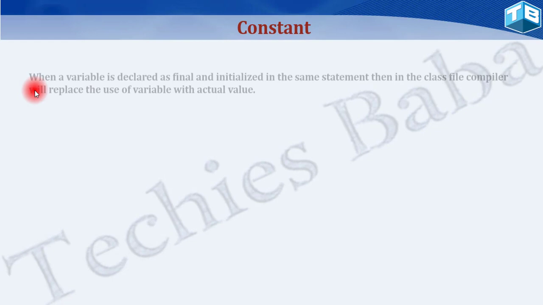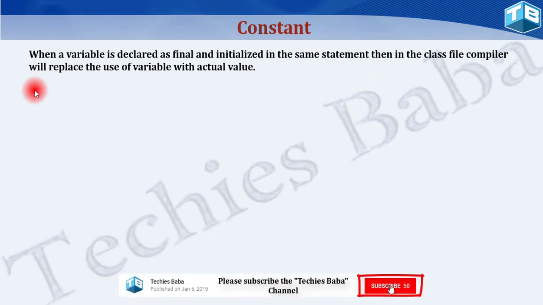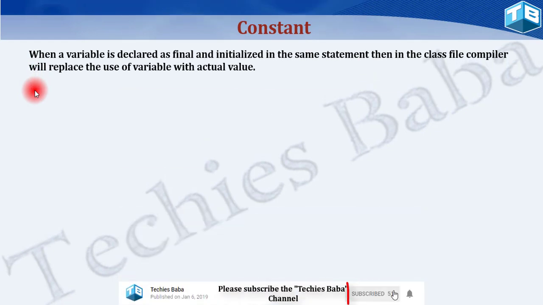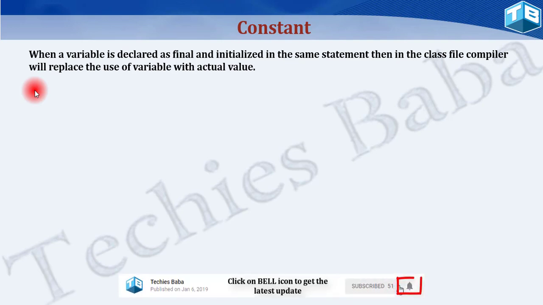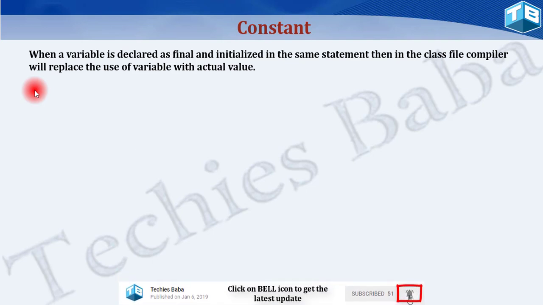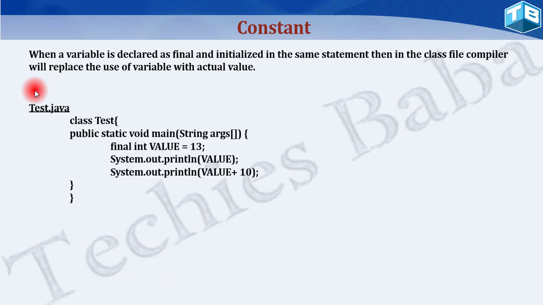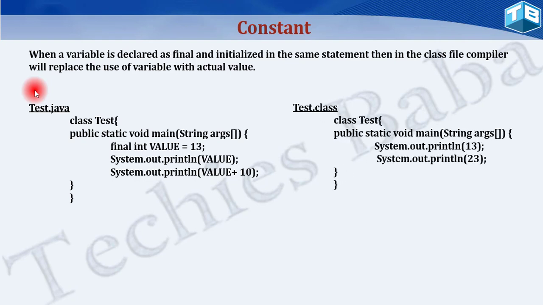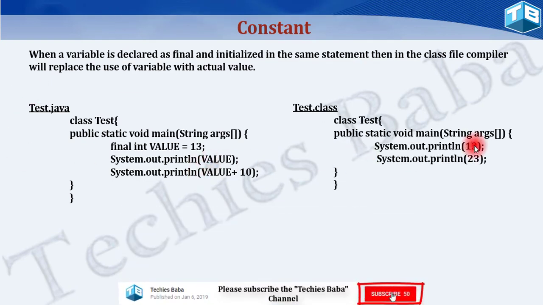We also discussed that if you have a variable declared as final and initialized in the same statement, then the usage of that variable will be replaced by the actual value. When your Java code is compiled and the .class file is generated, the actual value will be replaced at the usage places.